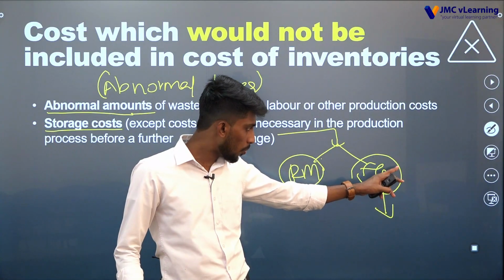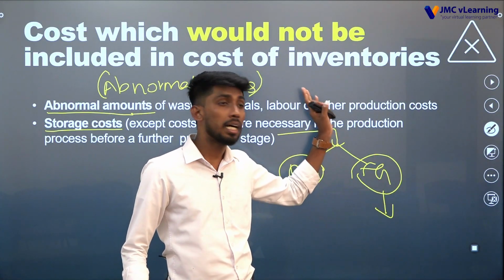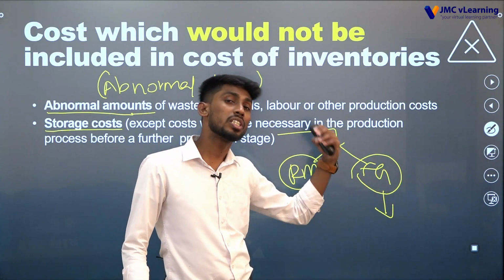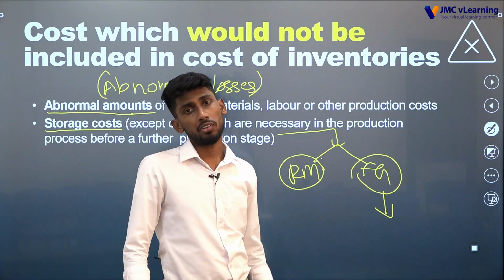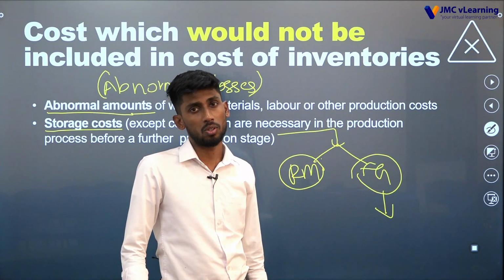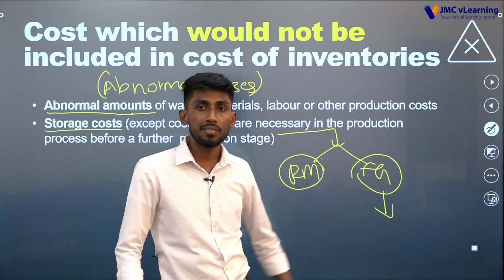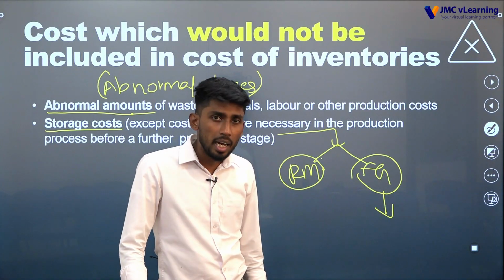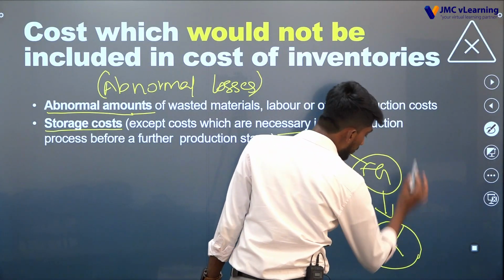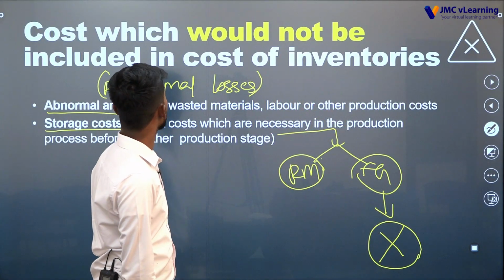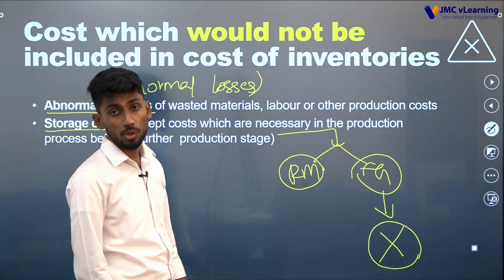Therefore, once the good becomes a finished good, if you store that, it won't change the condition of that inventory item. Therefore, we cannot include the finished good storage charge.